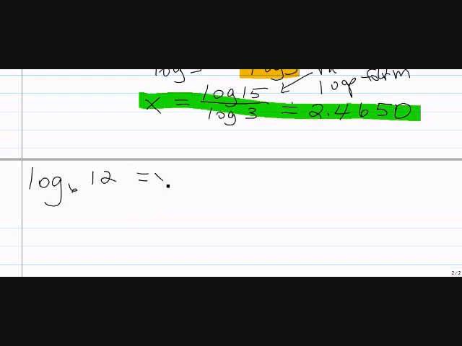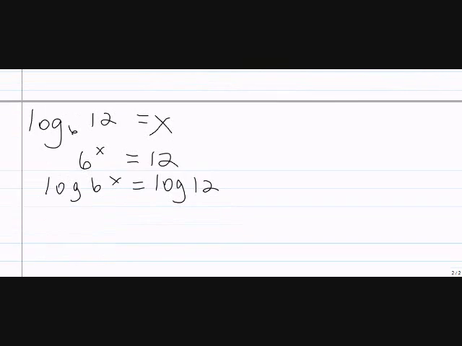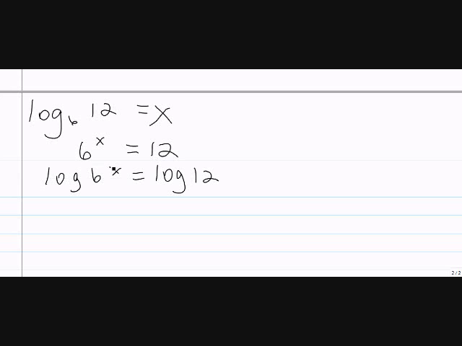Set it equal to x. Change it to an exponential. 6 to the x equals 12. Log both sides. Move your x out of the logarithm, so this is x times the log base 10 of 6 equals log base 10 of 12.